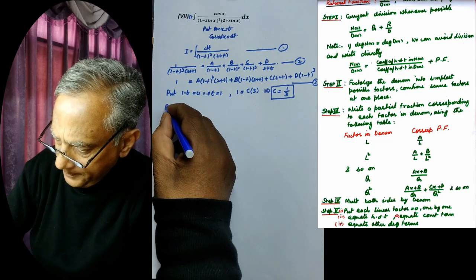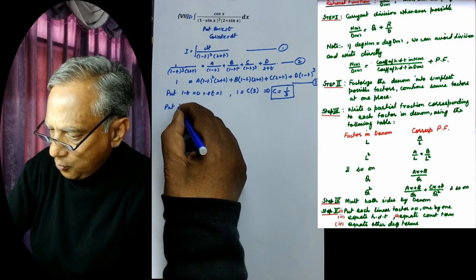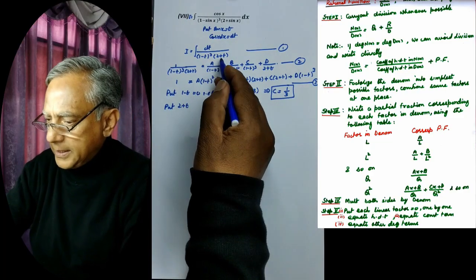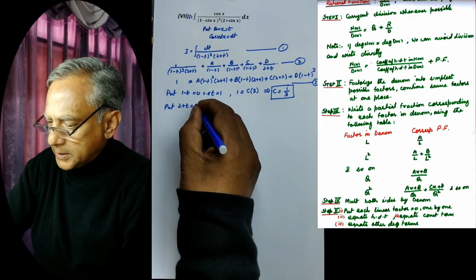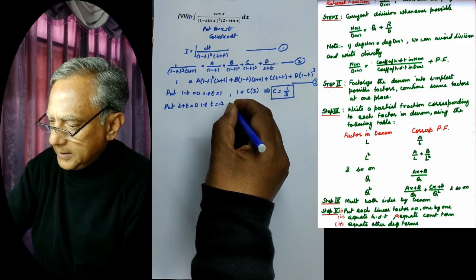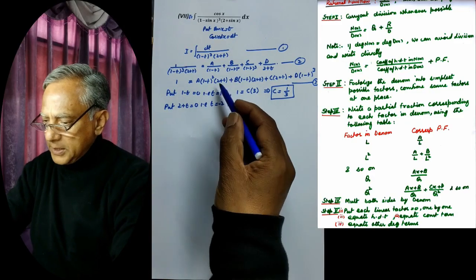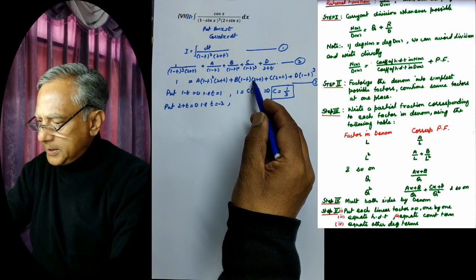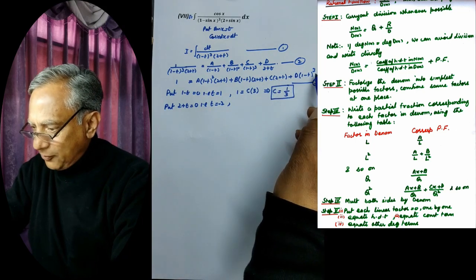Now we will put 2 plus t. Other linear factor is 2 plus t. So we will put 2 plus t equal to 0. That is t is equal to minus 2. Now 2 plus t is 0. This will be 0. This will be 0. Only this term will be left.